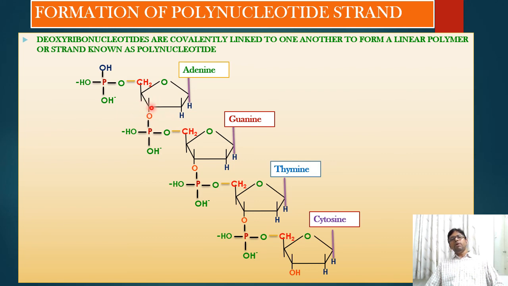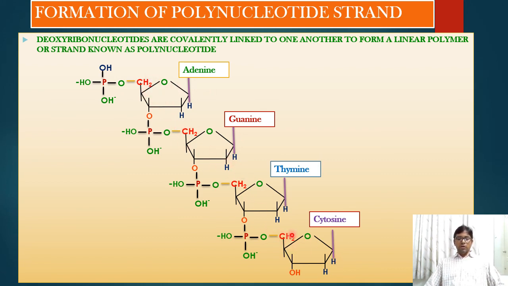In this way, a phosphodiester bond is formed, which forms the backbone of the nucleotide chain. In this way, nucleotides are bound to one another and form a linear strand, a polynucleotide polymer. So in this way, a polynucleotide chain is formed.